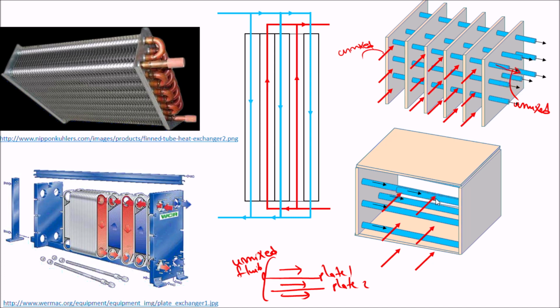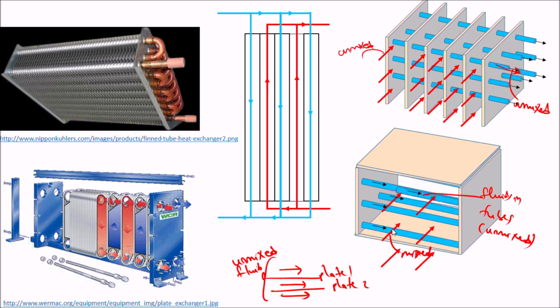The other one is that one fluid is unmixed. You can see here, the fluids in tubes are unmixed because they are moving in different tubes. As you notice a similarity here, we have plates in between, and this is unmixed. But this fluid is mixed, because there are no plates or barriers that prevent its mixing.